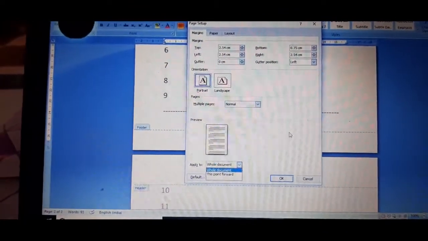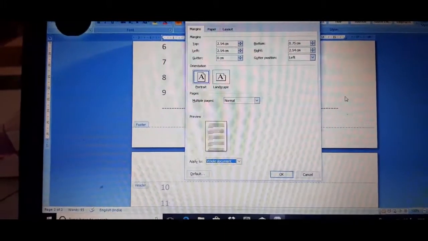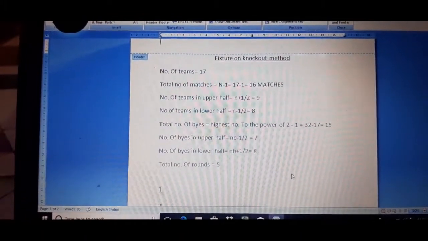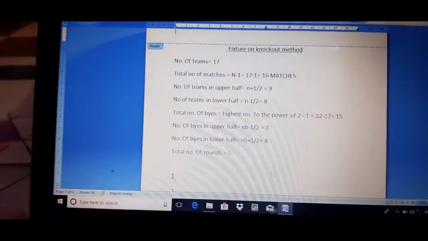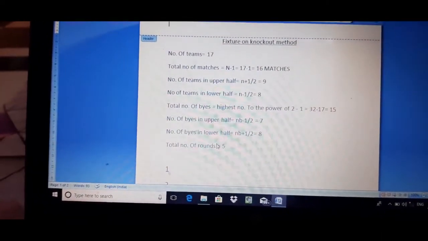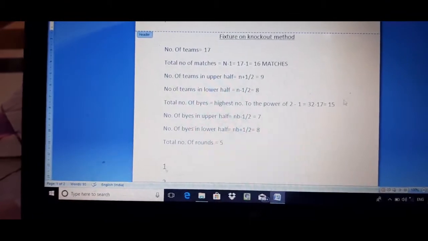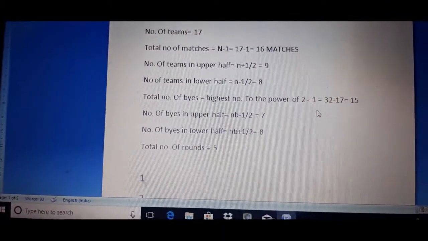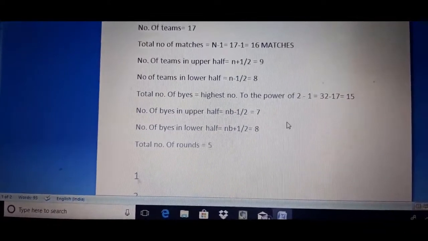Next, we'll start giving the byes. The total number of byes is 15, and the number of byes to be given in the upper half is 7 and in the lower half is 8.